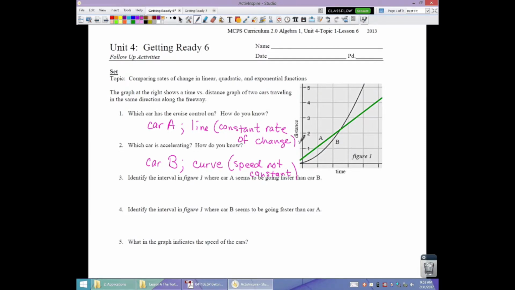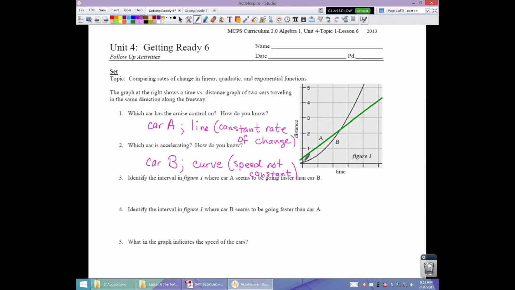So that shows how far away the car is, but being further away doesn't mean it is going faster. If we look at the beginning of the graphs, car A had a greater distance before we even began. So it's not relevant which graph is above or below the other one.